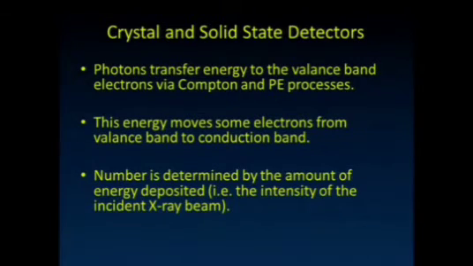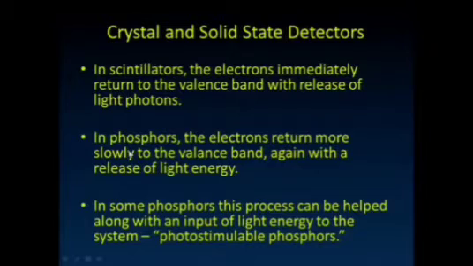And things that do that immediately, that return immediately and immediately give that light off, are called scintillators, right? And things which take a little bit more time to do that are called phosphors. So scintillators and phosphors are very similar things. It's just the timing at which it takes for those outer band electrons to move back down to those valence bands.